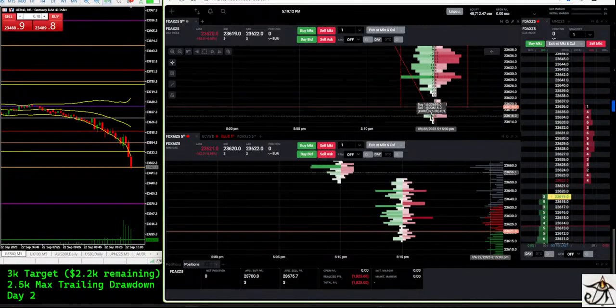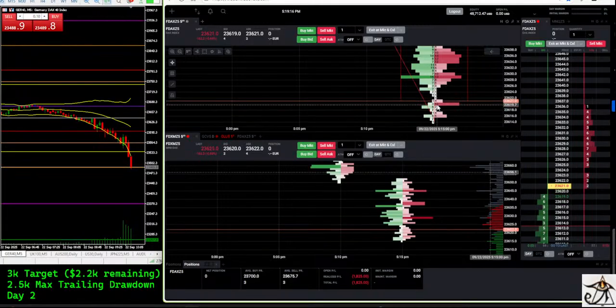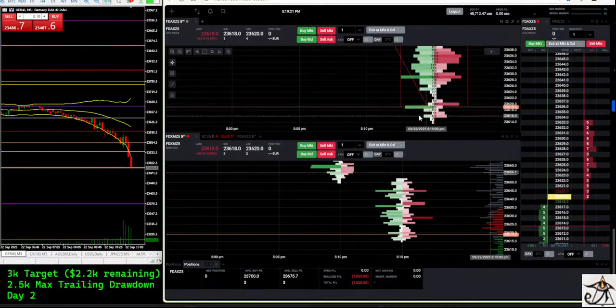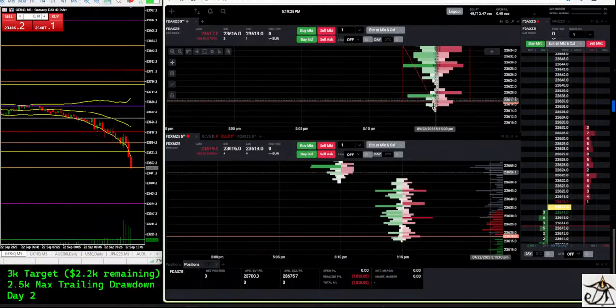Still very thin volume profile there. Some buyers coming in, followed by aggressive selling straight after. So it's like the sellers have quite a bit of control here.